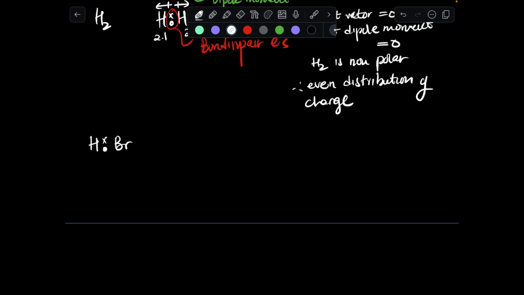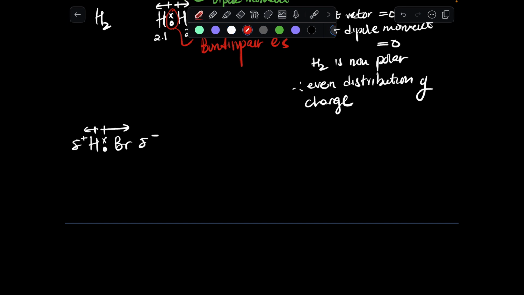In the periodic table, Br has a greater electronegativity than hydrogen. So Br pulls the electrons more than the hydrogen, so we say the Br is slightly negative and the hydrogen is slightly positive.